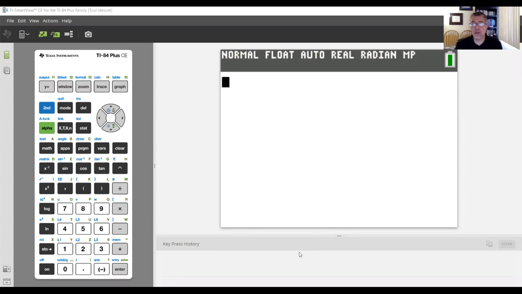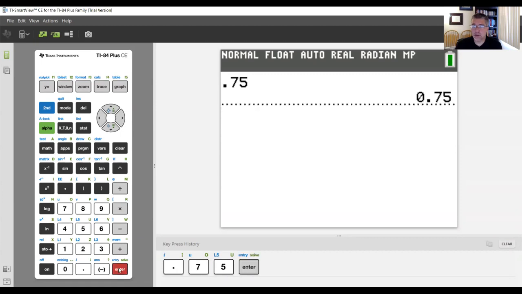The first thing that I want to show you how to do is to convert a number from a decimal to a fraction and vice versa. So if I have a decimal, say 0.75, I'm going to hit enter to have that loaded into the calculator.